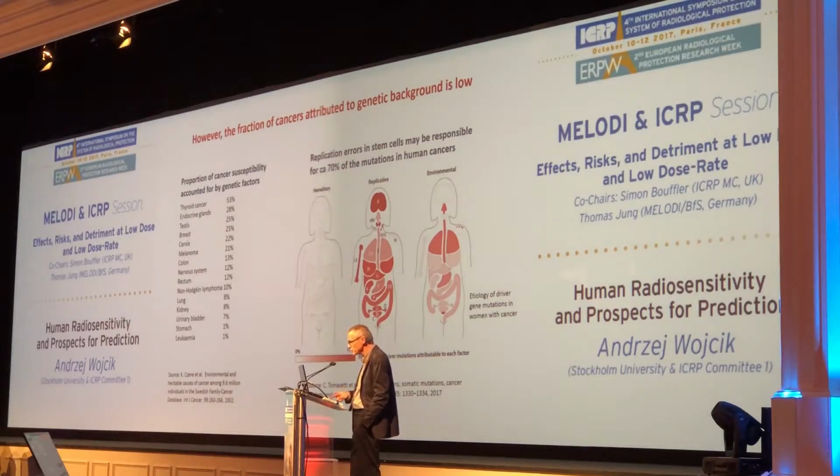And he came to the conclusion that most cancers, approximately 70% of cancers, are due to mutations which are caused by replication errors. So there is not really a genetic component there. So the larger you are, the higher the risk of cancer, because, simply speaking, there are more cells. And in fact there is some data indicating, yes, the larger you are, the higher the risk of cancer, and vice versa.